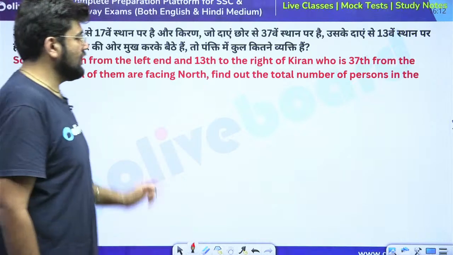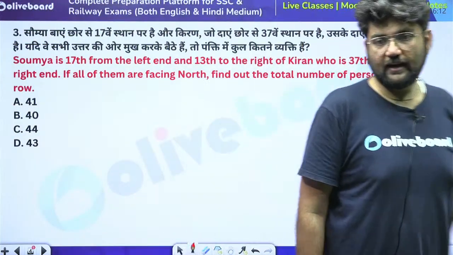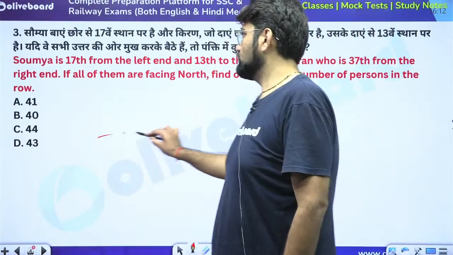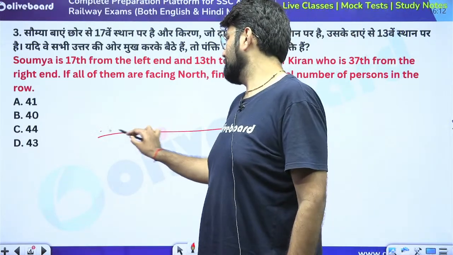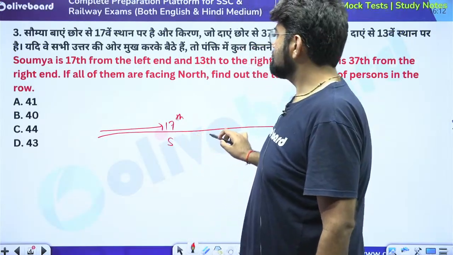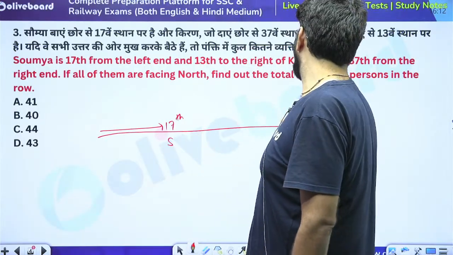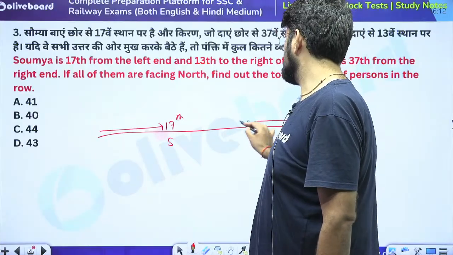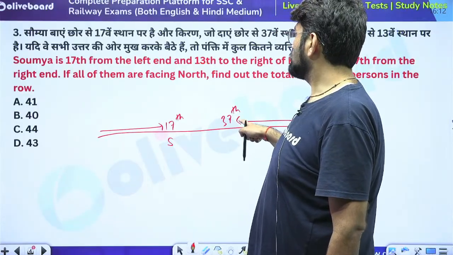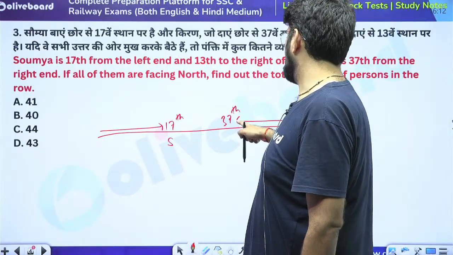Soumya is 17th from the left end and 13th to the right of Kiran, who is 37th from the right end. See, Kiran is 37th from the right end and Soumya is 13th to the right of Kiran.